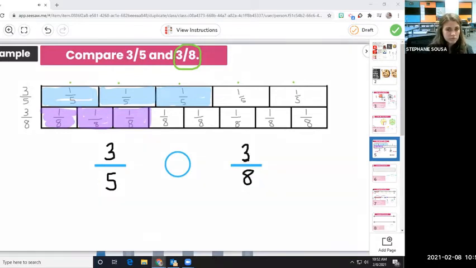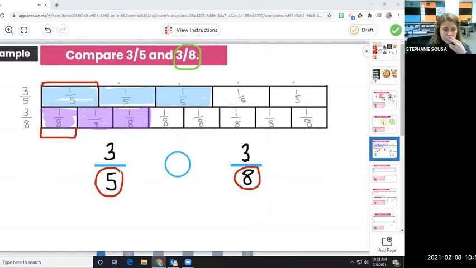When we compare fractions with the same numerator but different denominators, we really need to look at each unit fraction. I notice that 1/5 is a bigger part than 1/8. If I think about sharing the 1 whole equally, this makes sense.